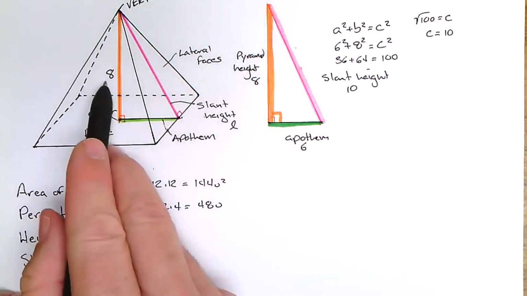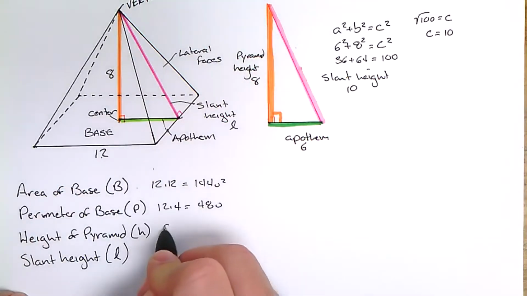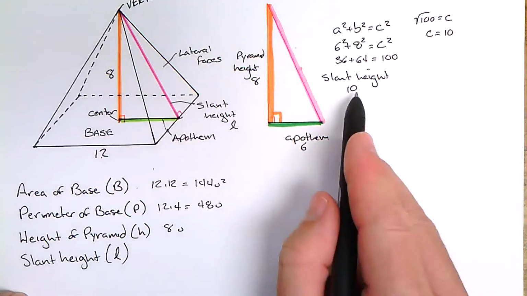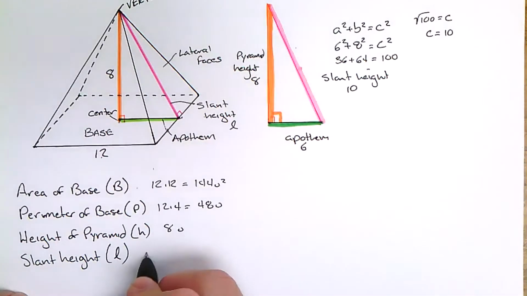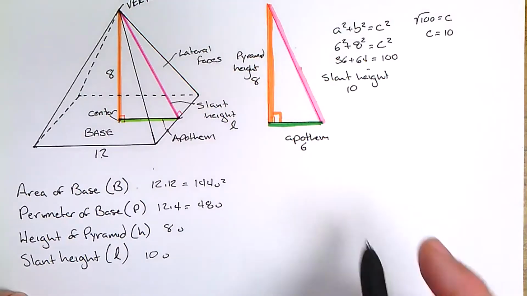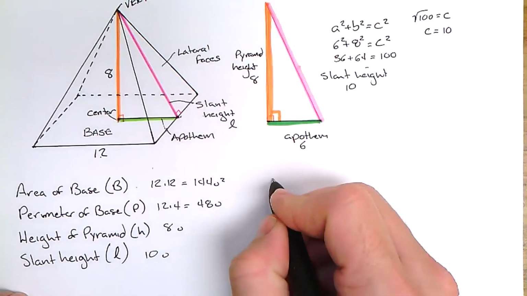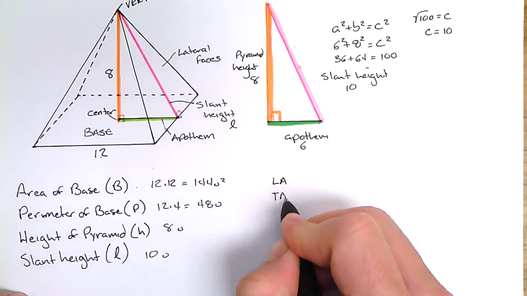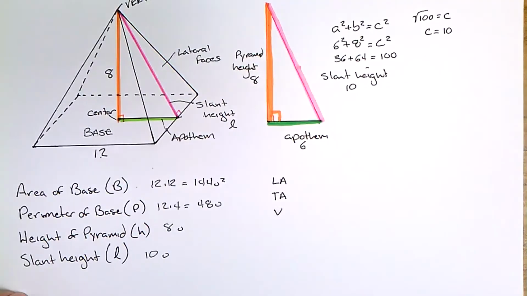We need the height of the pyramid, which we were given, so 8 units. And then we need the slant height, which we found, 10 units. And with these pieces of information, we can now find, just as we did with the prisms, the lateral area, the total area, and the volume.